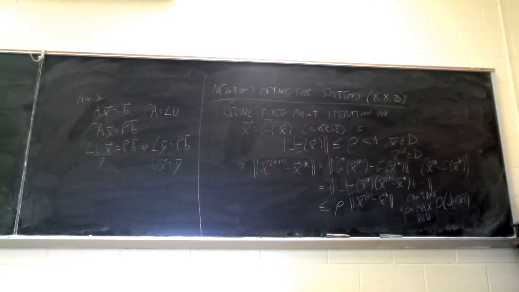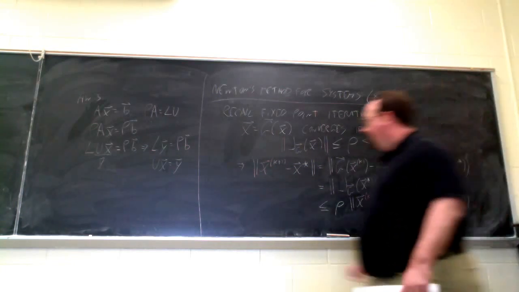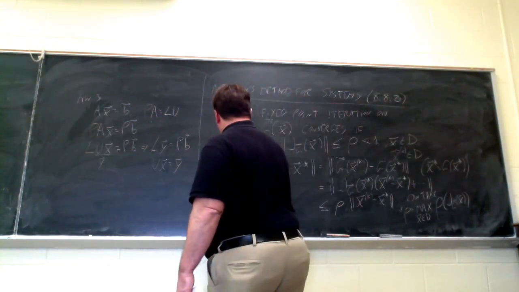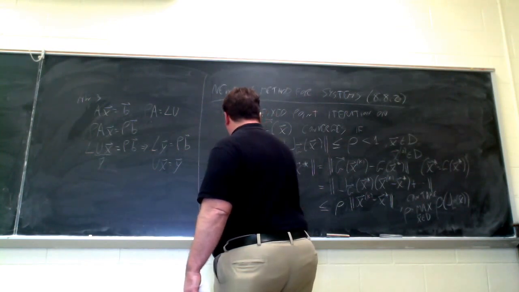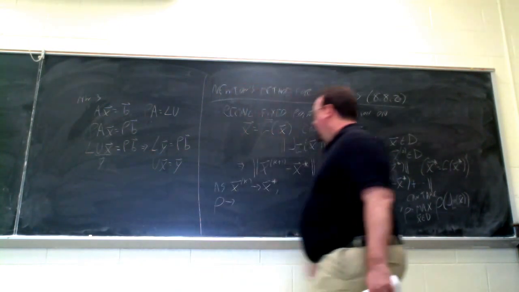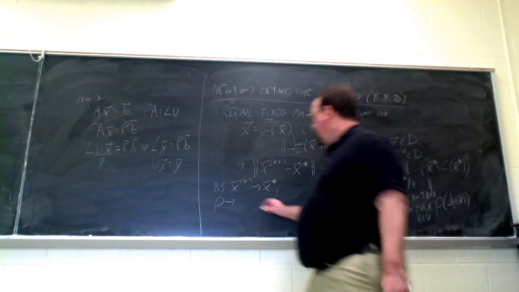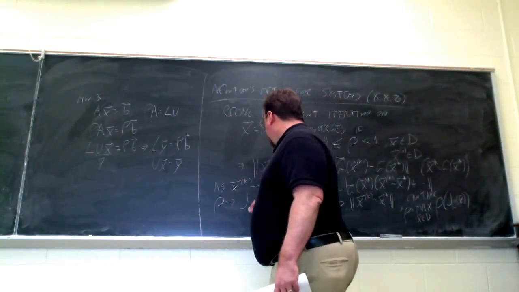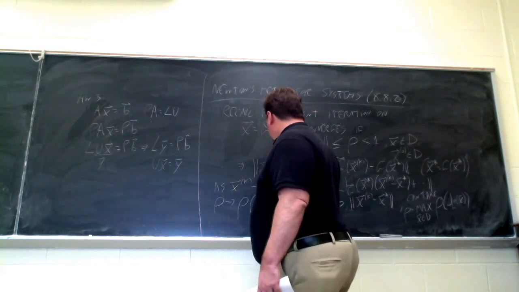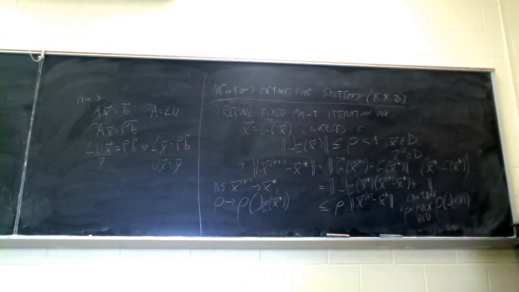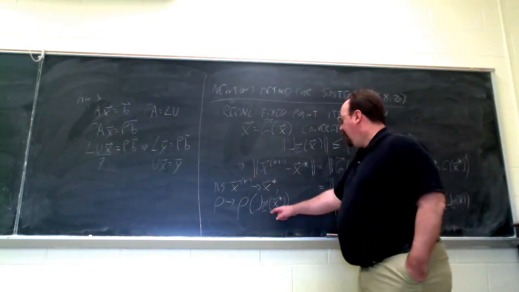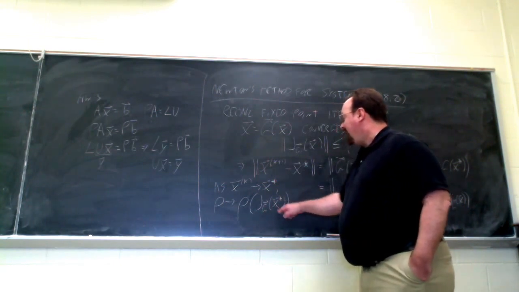We could also say that as x_k converges to x star, a suitable value for rho would be the spectral radius of the Jacobian matrix at x star.